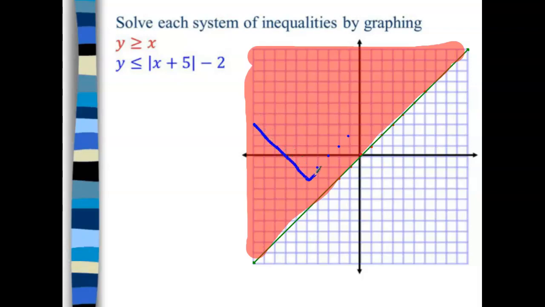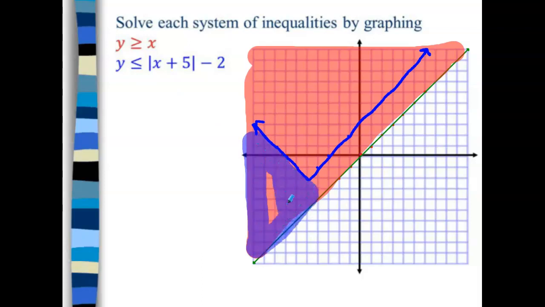And my graph is solid. The y values are less than, so that means I shade below the absolute value.